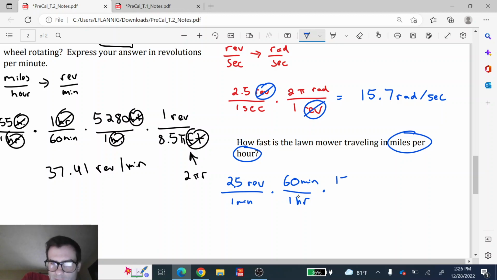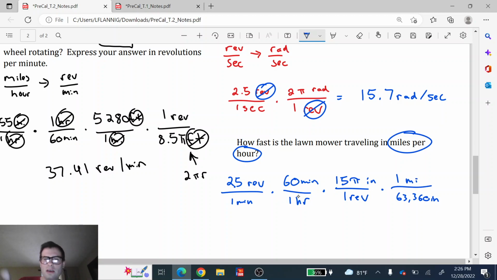We know 15 pi is the number of inches it takes for 1 revolution. And the last, we want to convert inches into miles, and the way you can do that is there are 63,360 inches for every 1 mile.